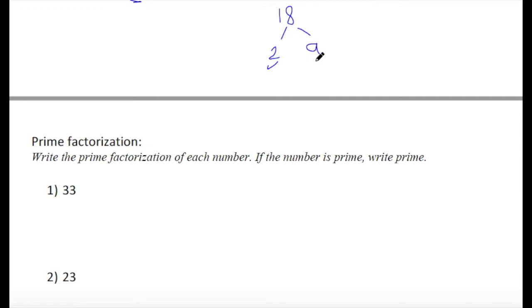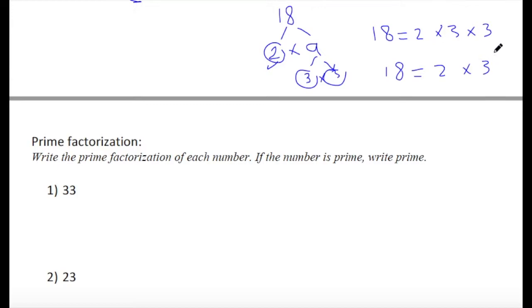But for 9, what shall I do? I can write it as 3 times 3. So now we can write 18 as 2 times 3 times 3, which we call prime factorization. Or you can write it as 18 equals 2 times 3 squared.